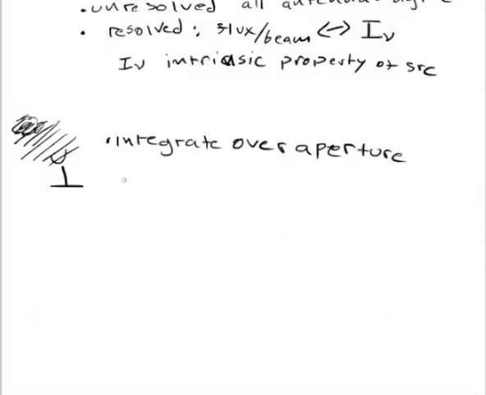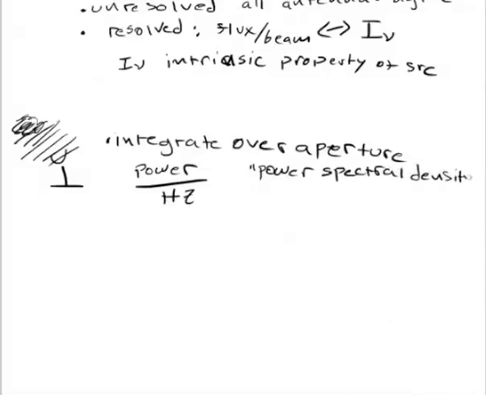And this gives us, from the flux density, a power per hertz. This is sometimes called power spectral density. In fact, this is what a spectrum analyzer reports, although they often forget to report the hertz part of the power per hertz.